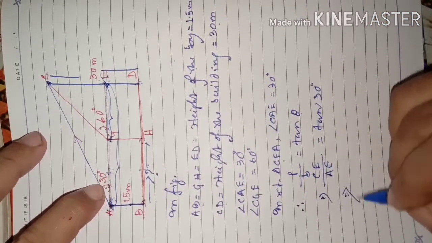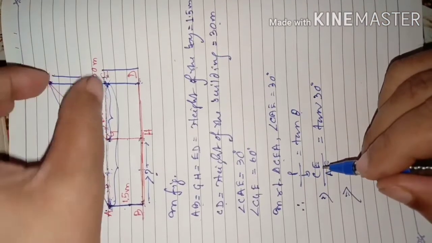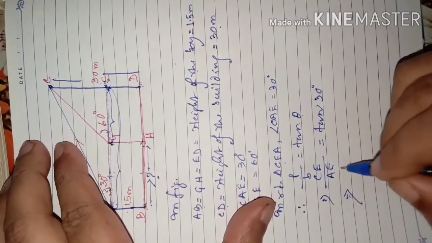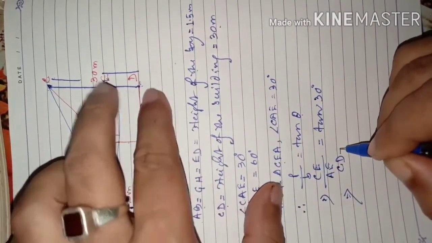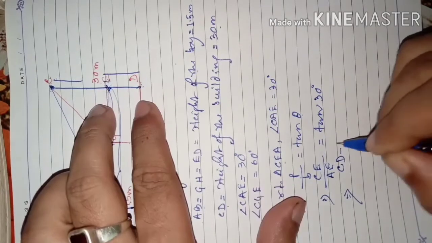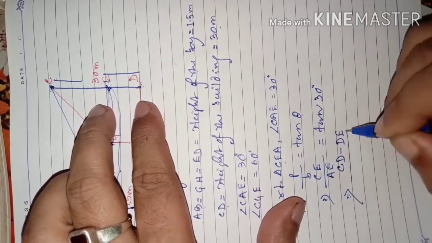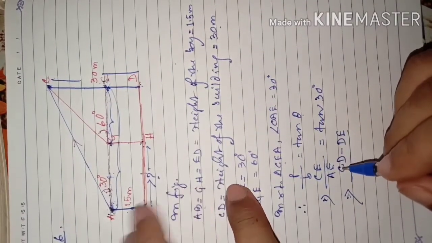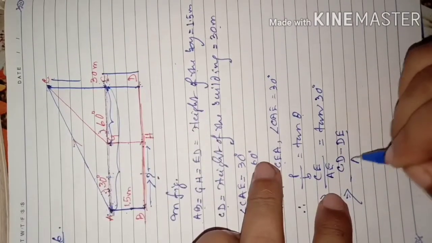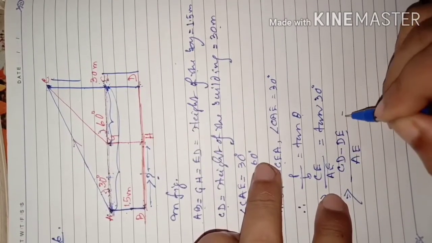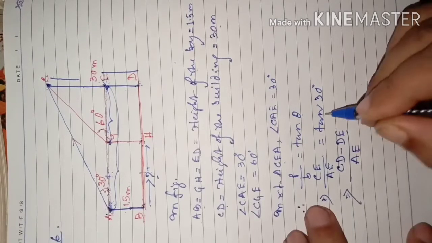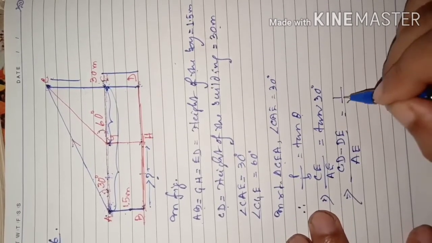Now CE, as you know, CE is a part of CD. So you can express it as CD minus DE. Like this you can write: CD minus DE divided by AE. AE, keep it as it is. No need of breaking it, because AE you want. Tan 30, what is its standard value? 1 by root 3.